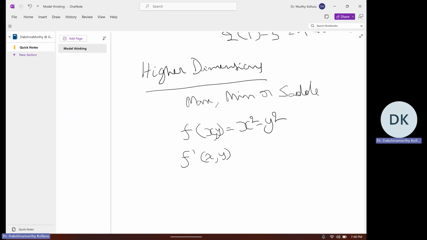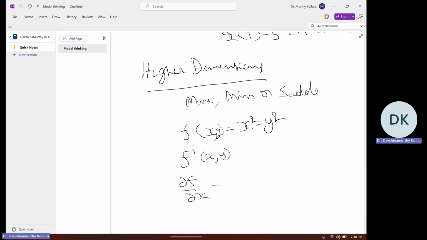The way we do it is we will first find the critical point in the x direction where y is kept constant. That is represented as dou f by dou x, which means now the only variable is x. I'm moving, and for me, y is a constant.